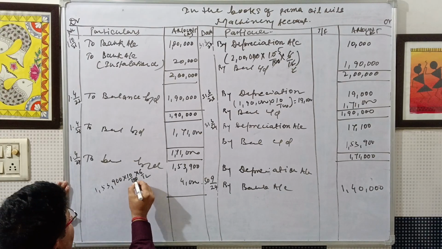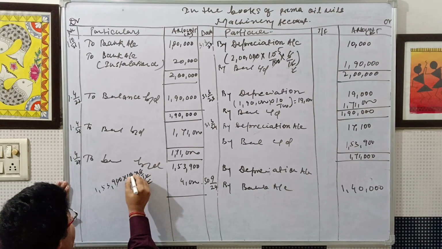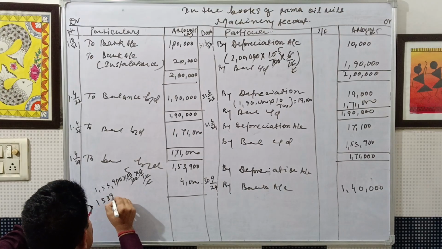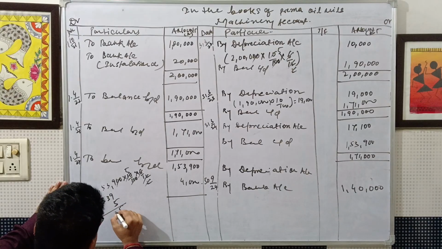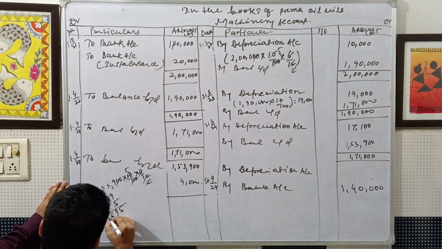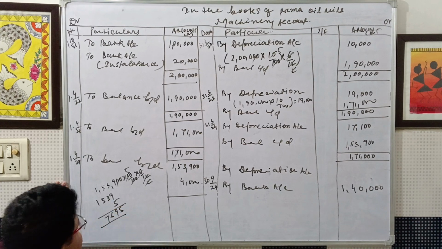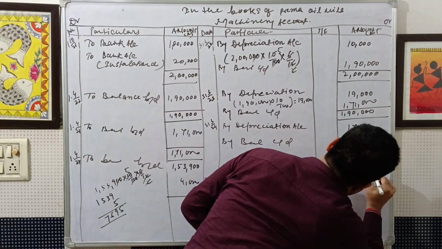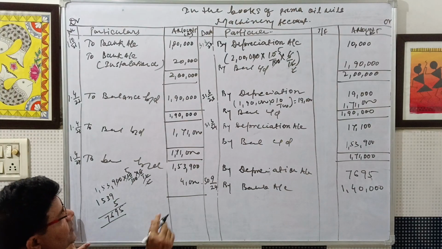Very simple: 6 2s are 12, 2 5s are 10. Now 1,539 into 5. 5 9s are 45, 5 3s are 15, 4 is 19, 5 5s are 25, 1 is 26, 5 1s is 5. So 7695, and 7695 is the depreciation in this year.